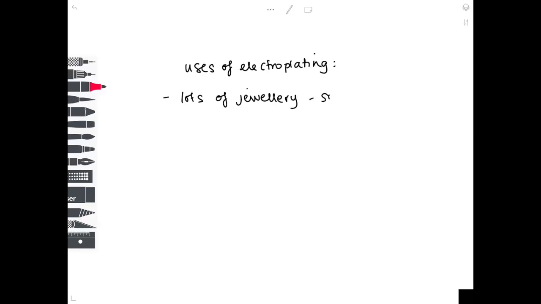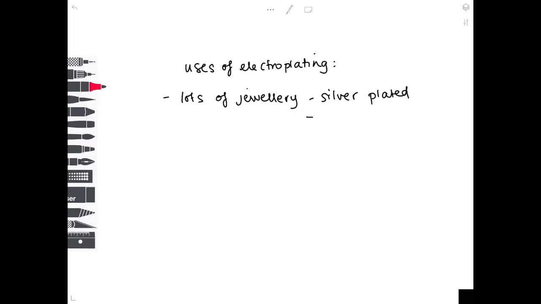So let's look at some uses of electroplating. And really it's because electroplating objects gives them much better properties compared with usual, or it means it's cheaper to have a particular object. So famously, lots of jewellery is electroplated. If you buy a necklace and it says that it's silver plated, that has undergone electroplating.